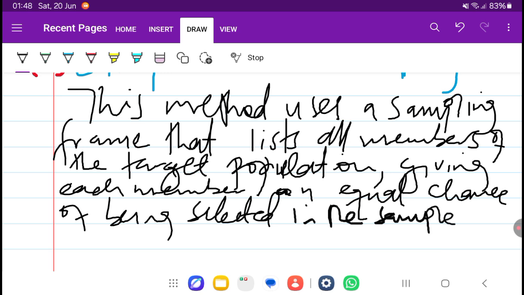Of course, this method is the one that is more applied.